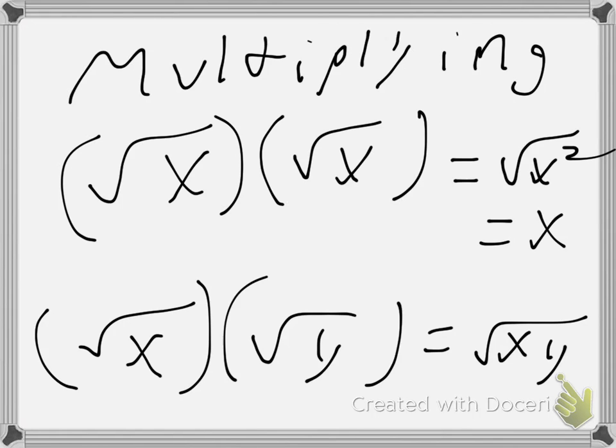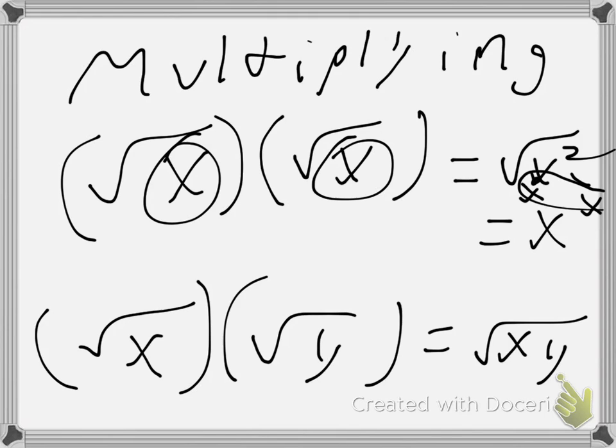Multiplying radicals follows just a slightly different set of rules. Now whatever's under the radical can be touched by whatever's underneath another radical. So you have square root of x times square root of x. That makes square root of x squared. The square root of x squared is just x, because you can simplify that by bringing out two x's, making it just x.